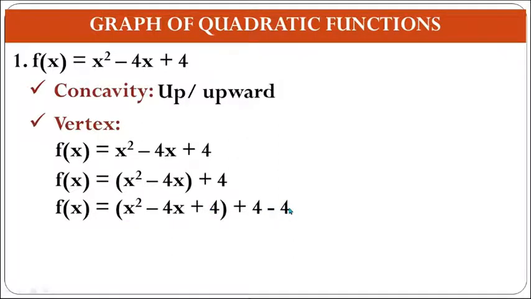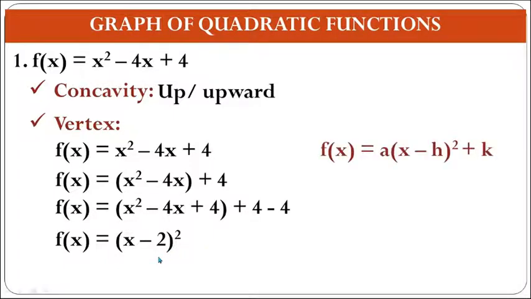Then, next is gawin nating square of binomial. The square of binomial of this perfect square trinomial ay square of x minus 2. Then dito, positive 4 minus 4 is 0, so pwede nang hindi isulat dyan. Now we can identify the vertex, yung h and k.